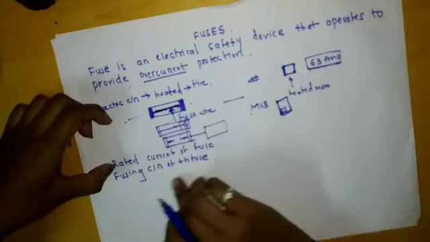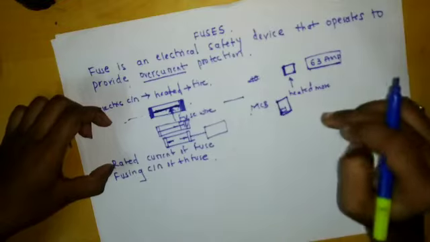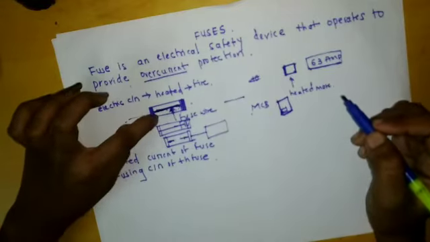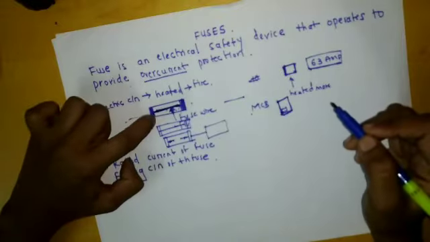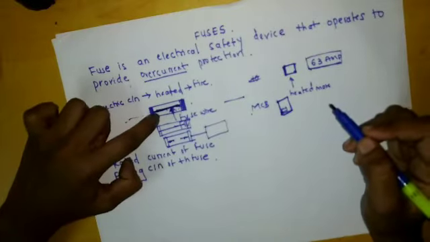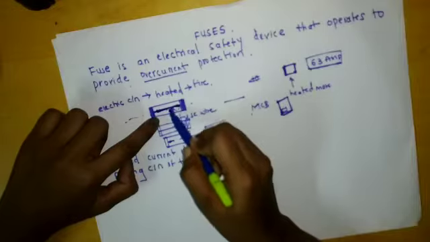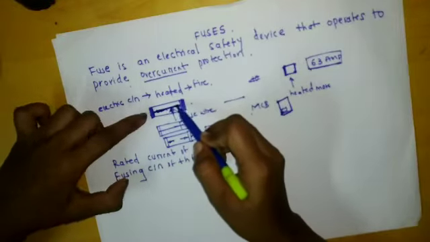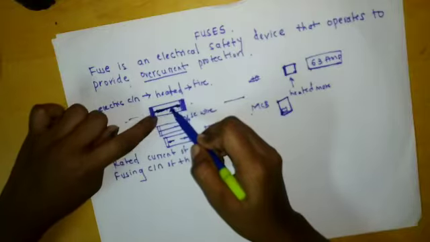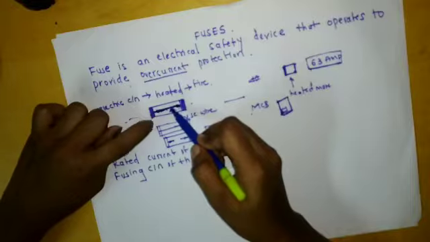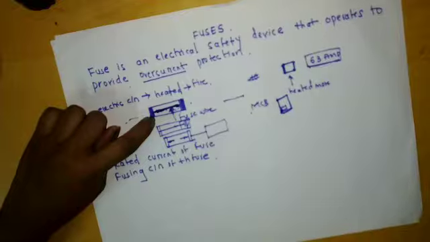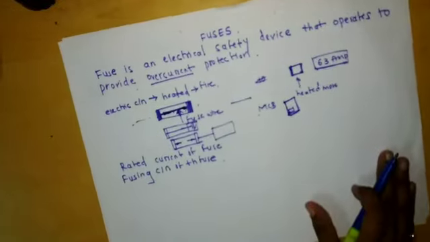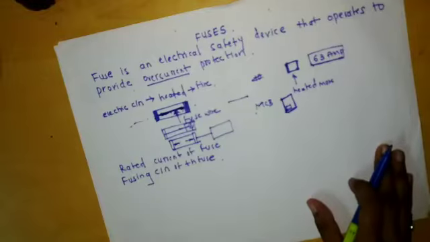That means the fusing current is the current at which the fuse wire melts, and the rated current was the current which will flow safely. It will not melt the wire or overheat it. But the fusing current is the value at which the wire melts. So the rated current is approximately half of the fusing current.